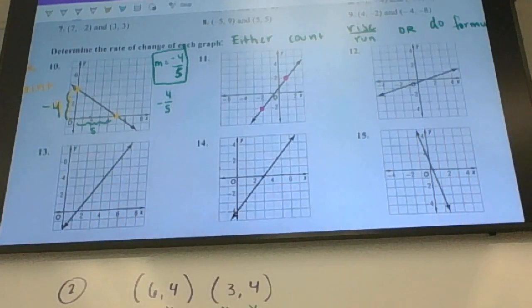Okay, so now I'm gonna count how far up. Going up one. So I went up 4, 1, 2, 3, over 3.